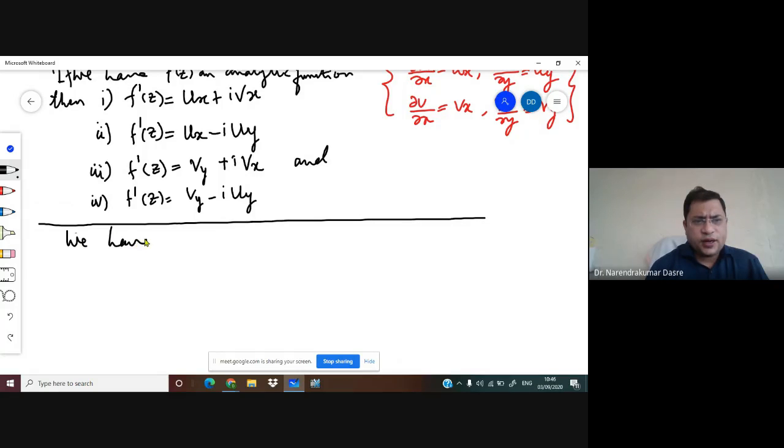So we have f of z is equal to integration f dash of z dz. I can write this in two ways.